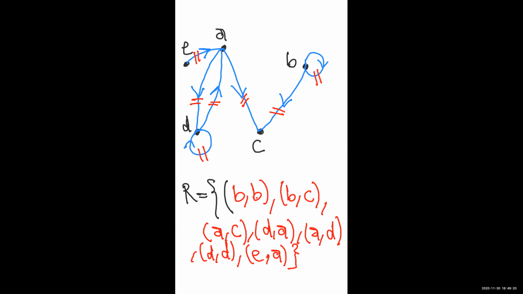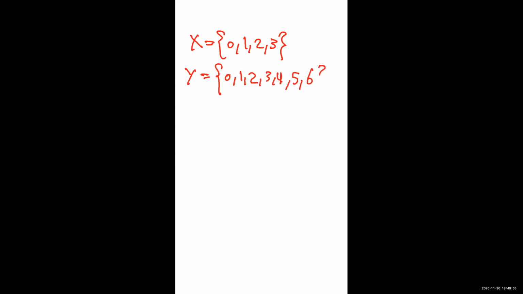Okay, very good. Then the next point in this lesson is about functions or mapping. Let's give one example first and check what the meaning of functions or mapping is. If X equals the set of 0, 1, 2, and 3, and Y equals the set of 0, 1, 2, 3, 4, 5, and 6.